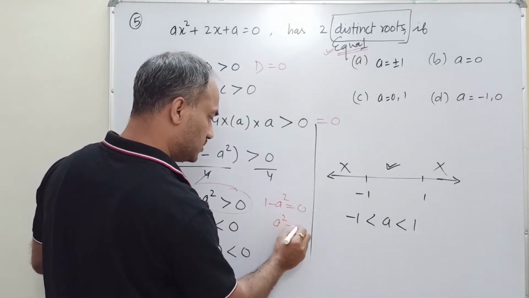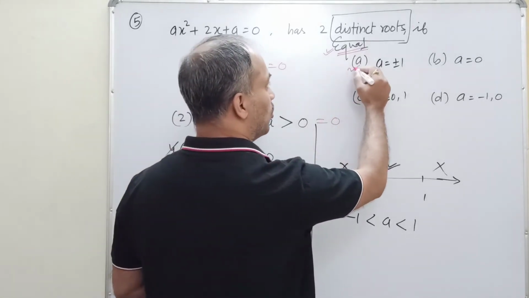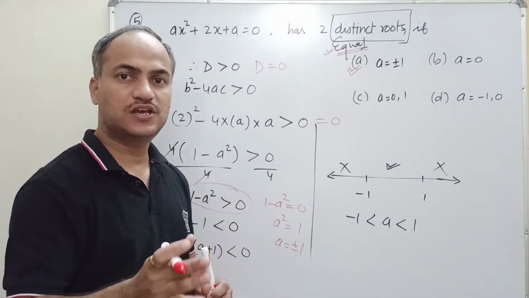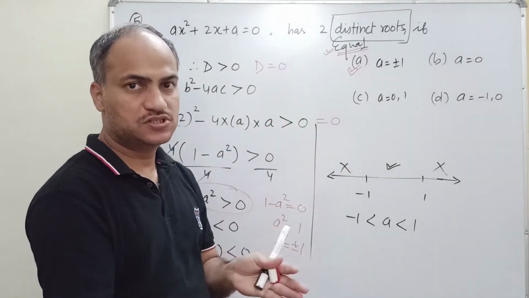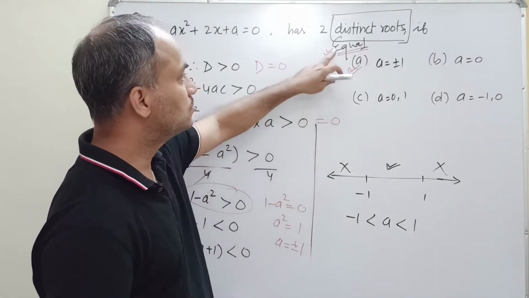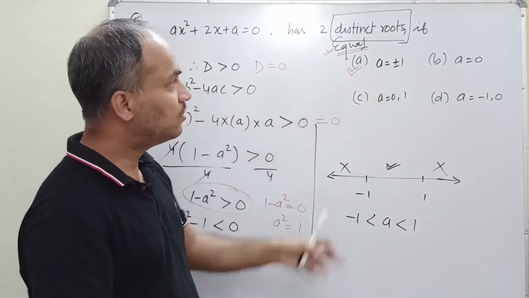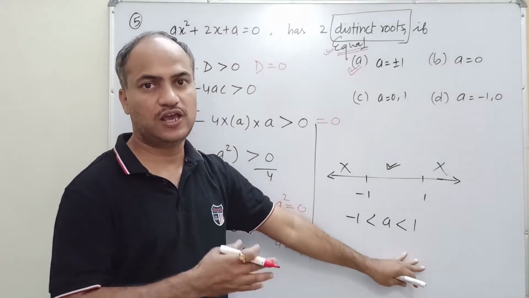So a square is 1. So a is plus minus 1. So hence option A can be correct. Okay, this was the option given in RD Sharma. So it means there was some mismatch in the options and the question. So the correct thing is that if it should be equal to, then these options are correct. Or if we consider the question correct, then this is the range for a.